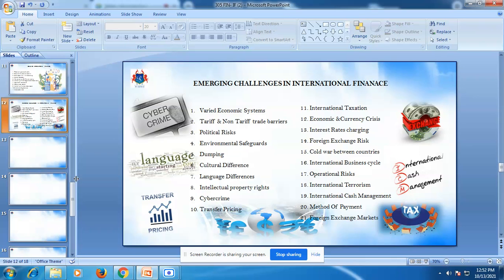Then the next challenge of international finance is transfer pricing. In any international business, there is normally a large number of transfers of goods, services, technology and other resources between the parent company and foreign subsidiaries. The price at which goods, services and others are transferred between affiliates within the company is called the transfer price.